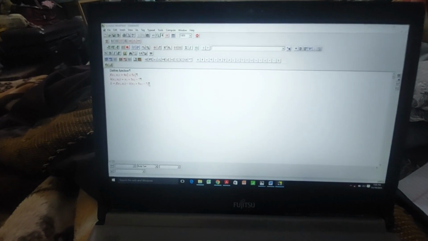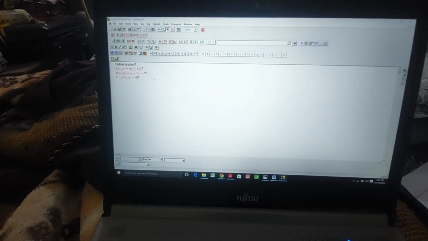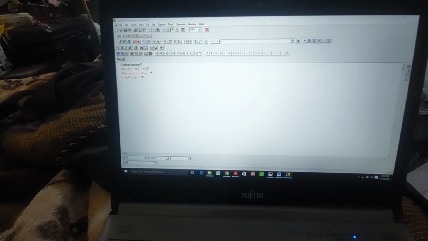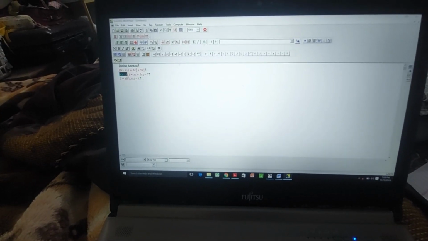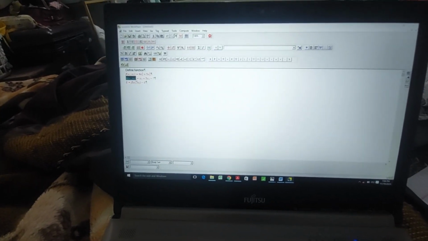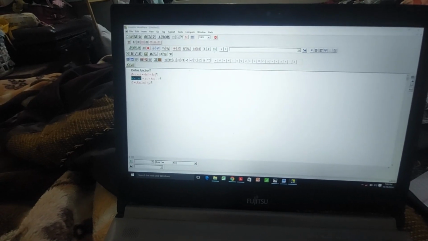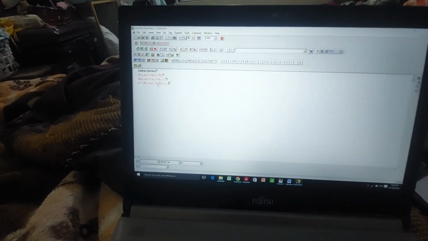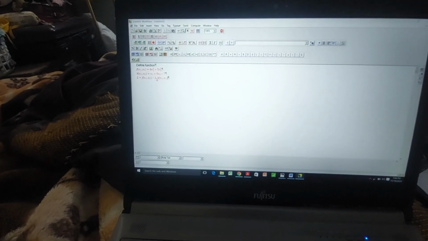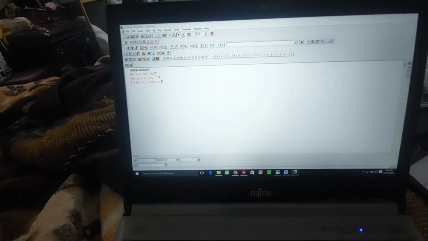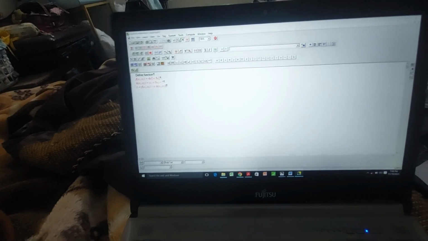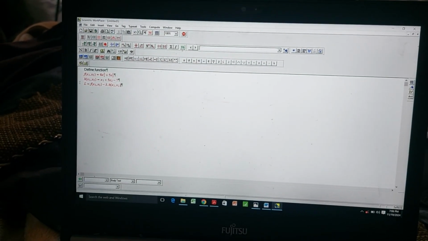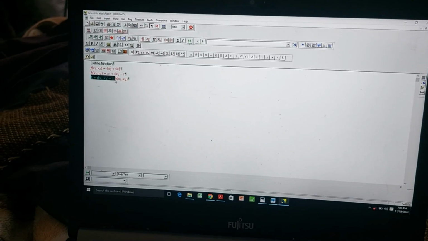Let me enter lambda, then Control C and Control V. Now I must also define it.